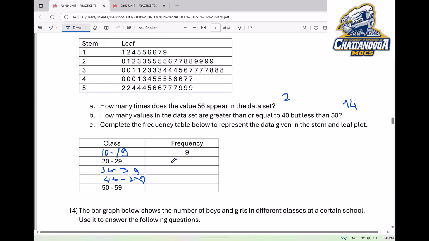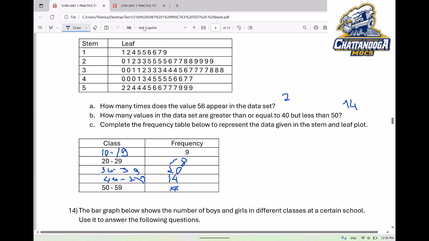So 18 here. 30 to 39. 3, 6, 9, 12, 15, 18, 20. 40 to 49. 3, 6, 9, 12, 14. And 50 to 59. 3, 6, 9, 12, 14.